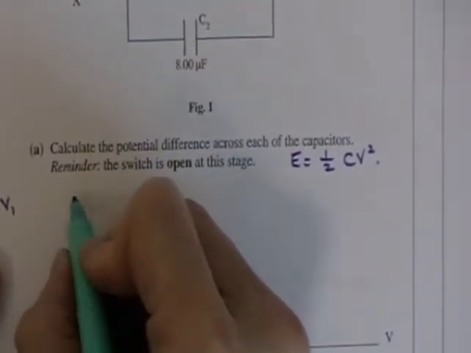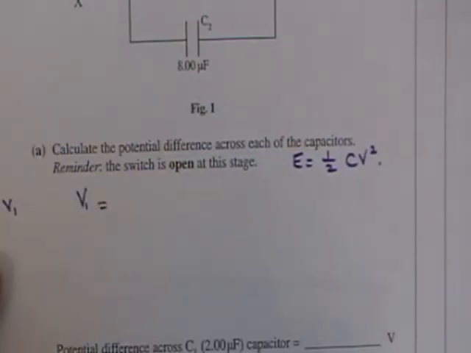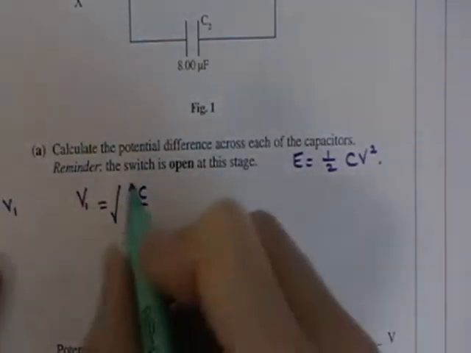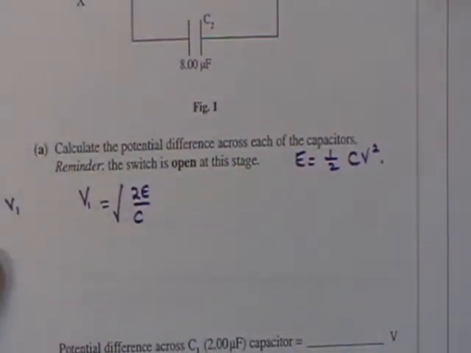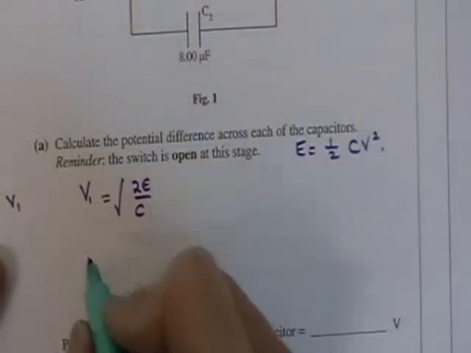So V1 is going to be equal to the square root of 2E over C. So for each one, this is what we're going to do.